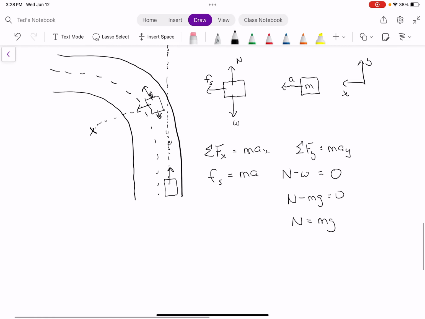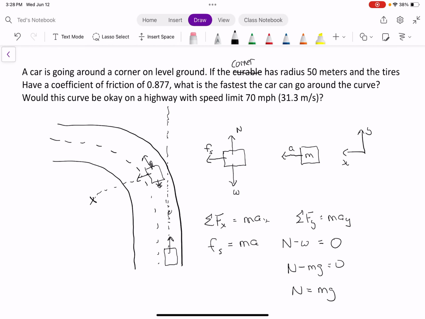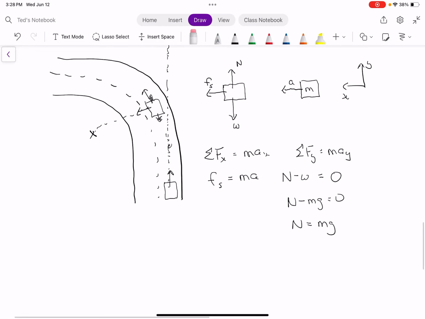Now, looking at friction, this problem says, what is the fastest the car can go around the curve? Well, the fastest it can go around the curve will only happen when we have the maximum possible static friction force. So we have an equation that says the maximum possible static friction force is mu sub s times the normal force, and that's going to equal m times the maximum possible acceleration, right?